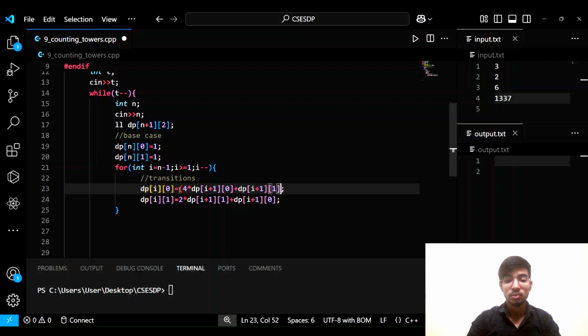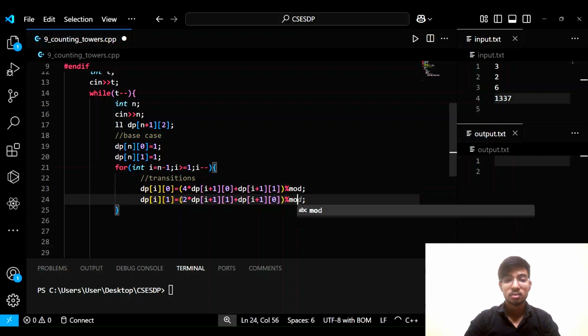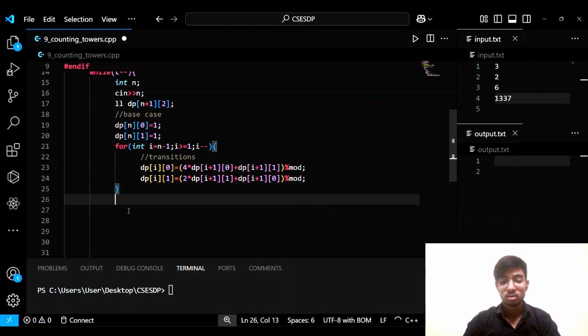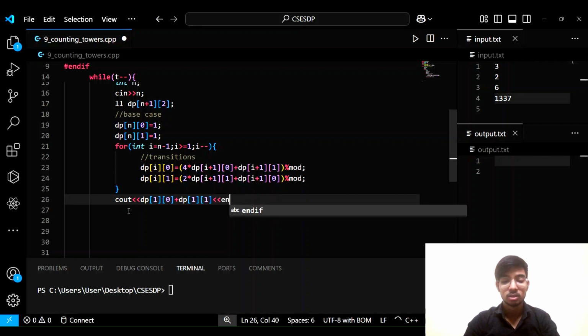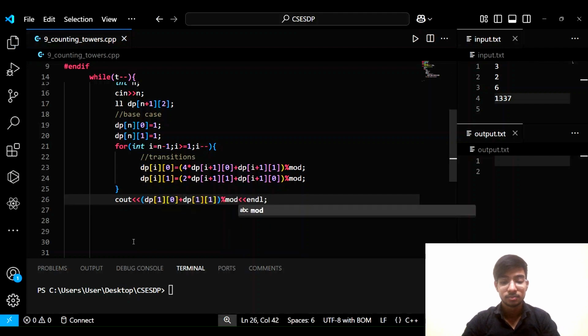We have to do modulo with 10 to the power 9 plus 7. Then we print the answer, that is cout dp of 1, 0 plus dp of 1, 1, and take the modulo here also.